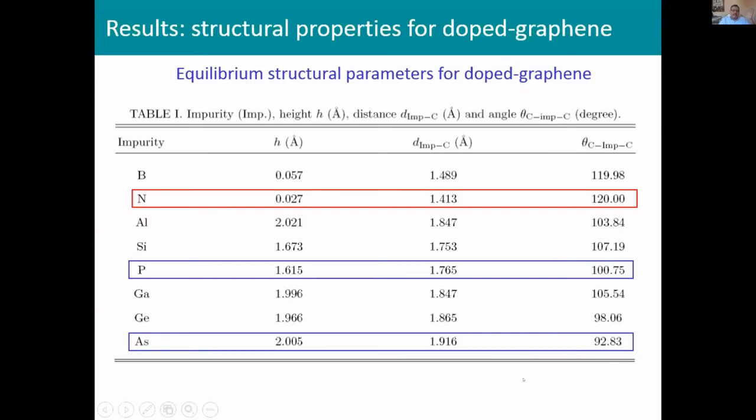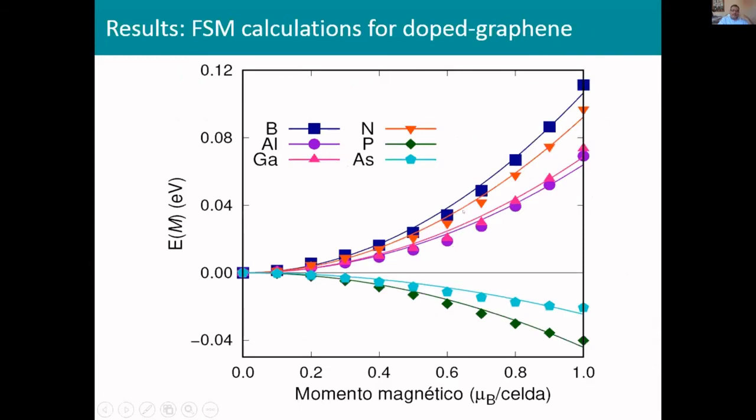So here we have a first conclusion. Let me return back. The atoms introducing a hole in the system are not inducing magnetism. The atoms introducing electrons induce magnetism.